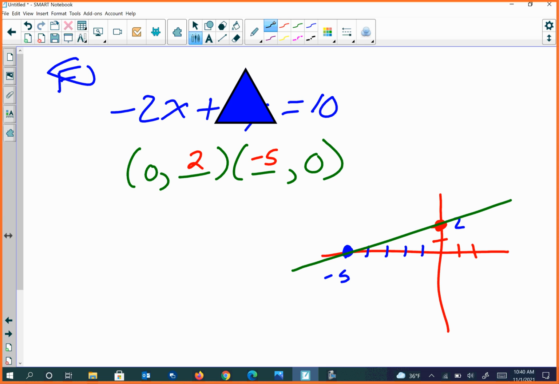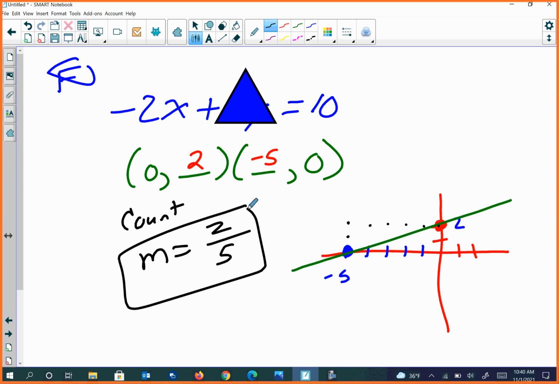If we wanted to find the slope, we're going to count. Okay, so I'm going to go up 2. So it goes up 2. And then I'm going to go right 1, 2, 3, 4, 5. There's my slope. Okay, this happens to be the Y-intercept because it crosses the Y-axis. This happens to be the X-intercept.